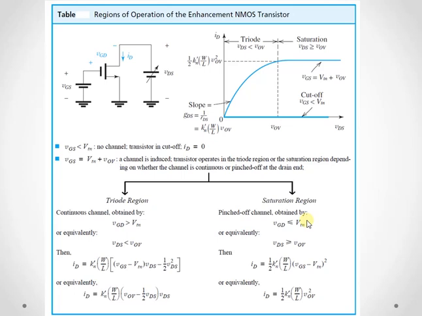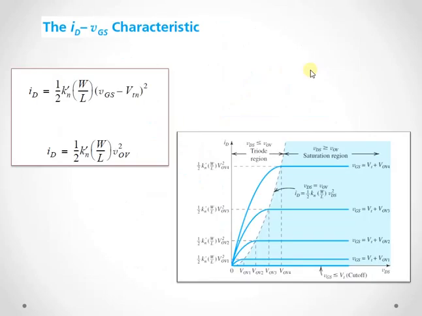So graphically it is being represented here. You can see VDS is less than VOV, that is the drain to source voltage is less than the overdrive voltage, and here drain to source voltage is greater than or equal to the overdrive voltage. This ID versus VGS characteristic shows that in the saturation region the drain current is constant and it is determined by VGS or VOV, that is the overdrive voltage, and it is independent of VDS.